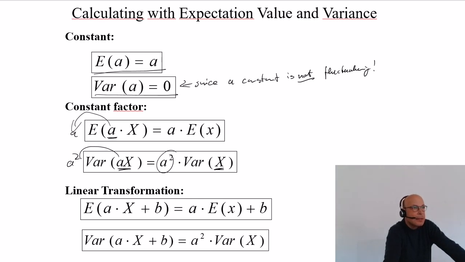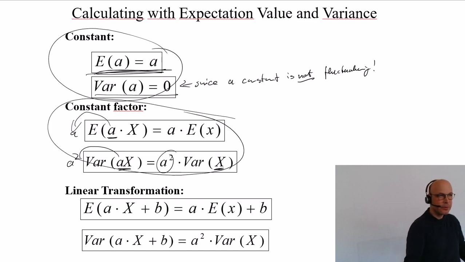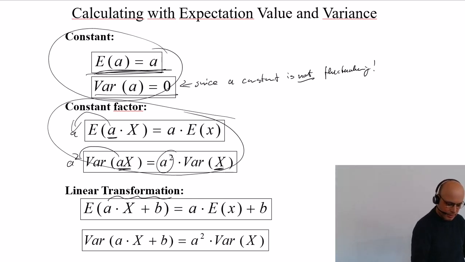And what else? Well, now we can take this property and this property together and ask what happens to our expected value if we linearly transform our random variable. So this would be then a random variable x tilde equals ax plus b.